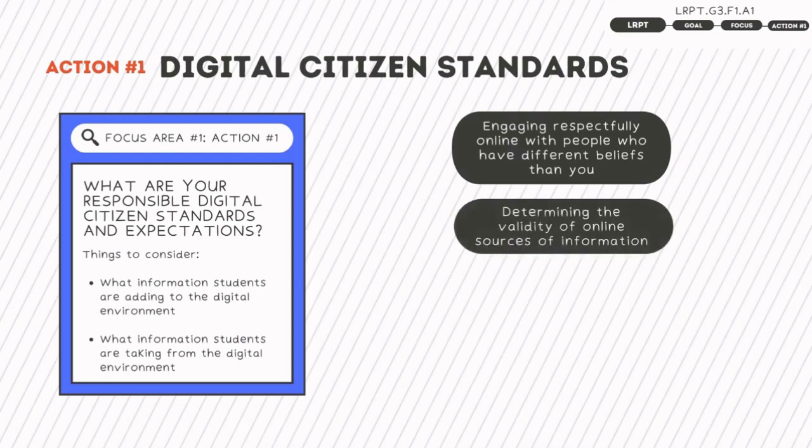An example of a standard for how students add to the digital environment would be engaging respectfully online with people who have different beliefs than you. A standard for what students take from the digital environment would be determining the validity of online sources of information.